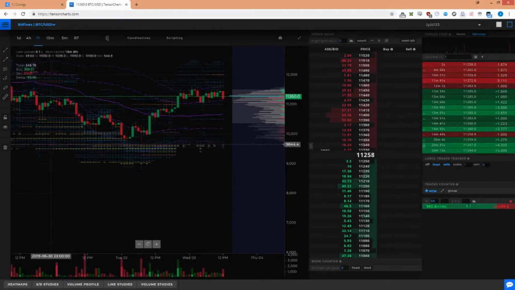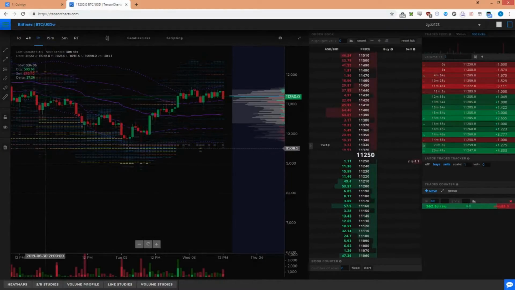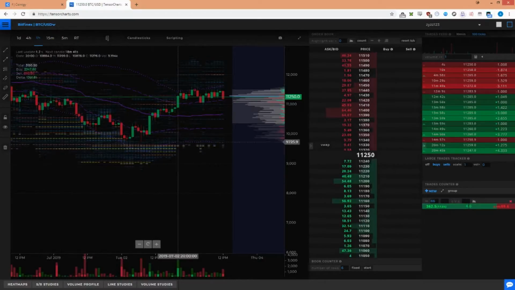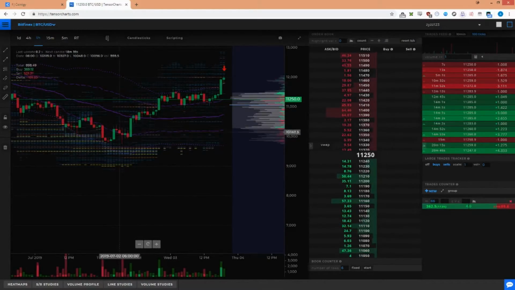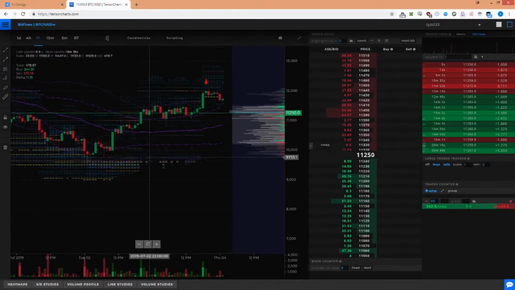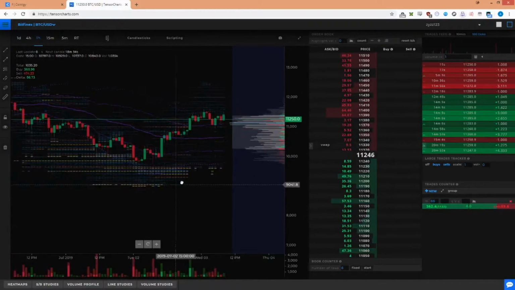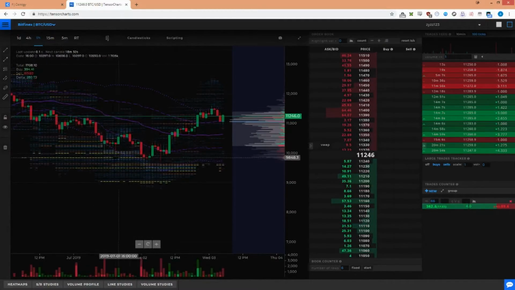The yellow ones are usually like 300 Bitcoin. Somebody has 300 Bitcoin buys open, and they're just leaving them open trying to get filled. Whereas spoofing is usually very quick, so it doesn't even appear on here. And so far this has been very accurate for finding reversals.